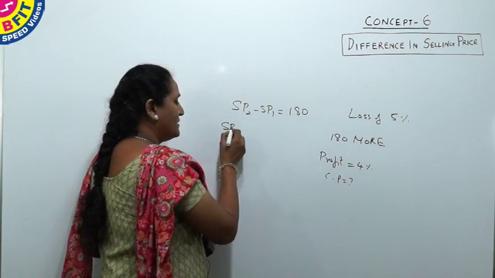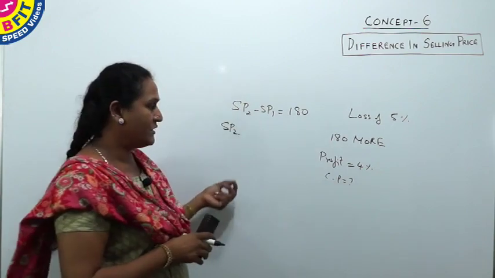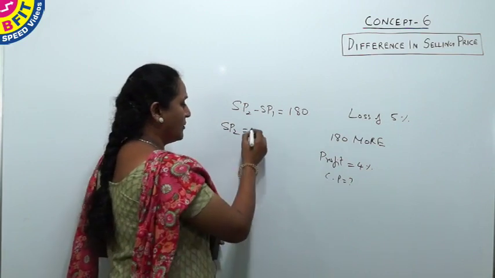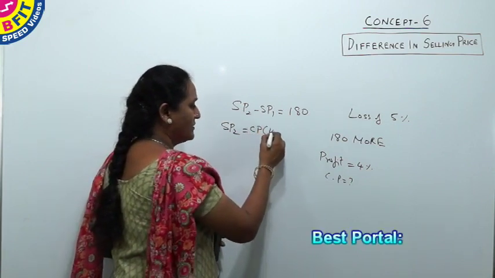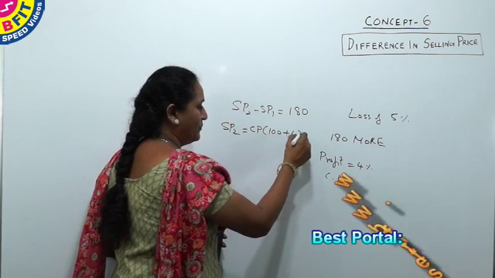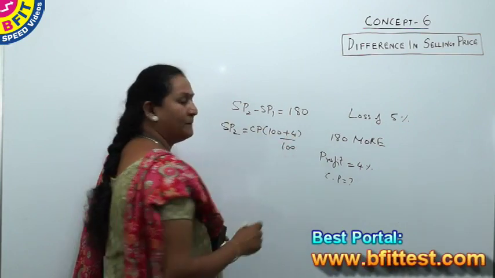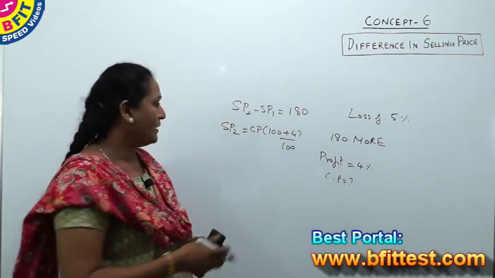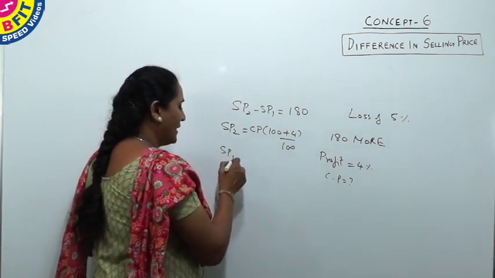And what will be this SP2? SP2 is the one which gives 4% profit. So the selling price is got by cost price into (100 plus 4) by 100, because it is profit, we add it with 100. And what will be selling price 1?